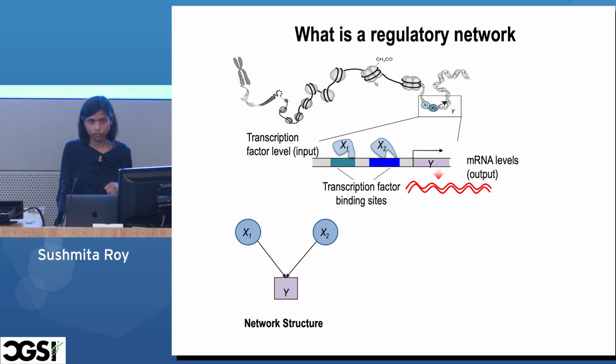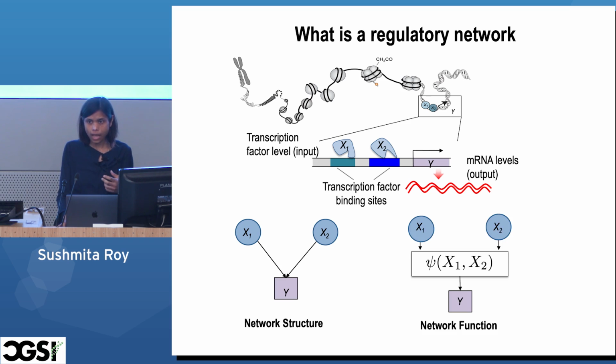One is the structure of the network, which specifies which regulators control the expression of a gene. And the second one is the how. Methods differ in whether they focus on the structure or the structure and function, and how they model the function, and so on.